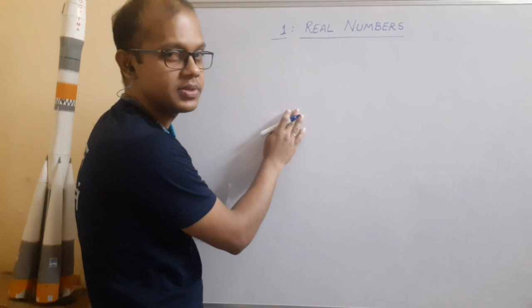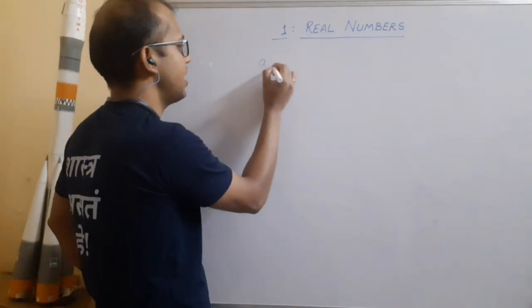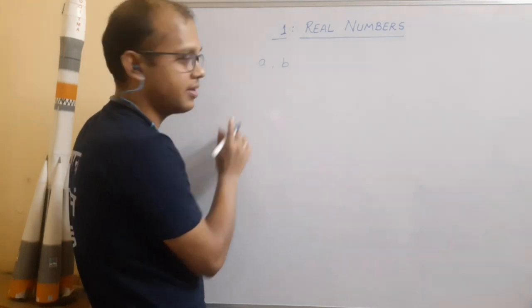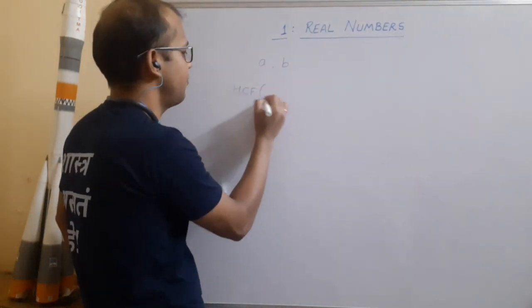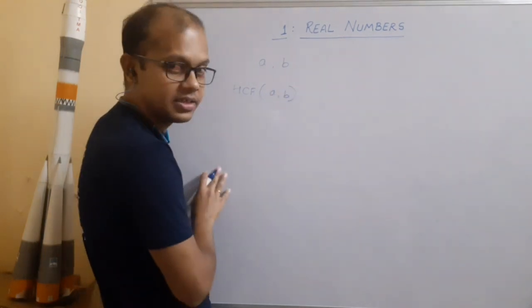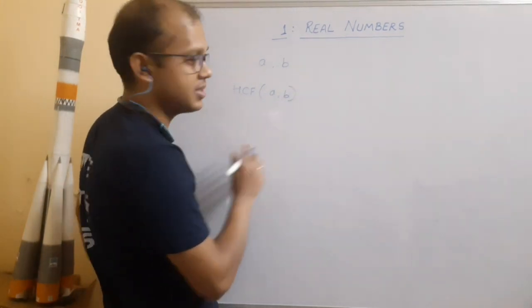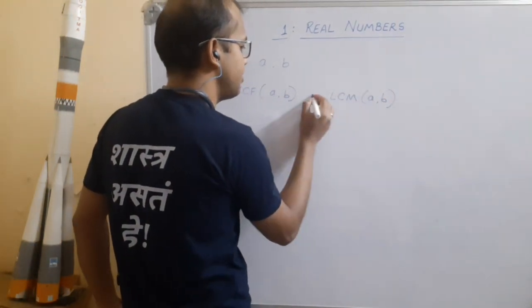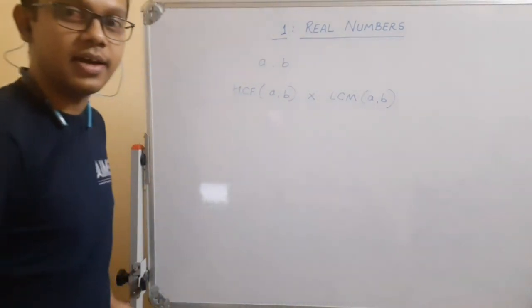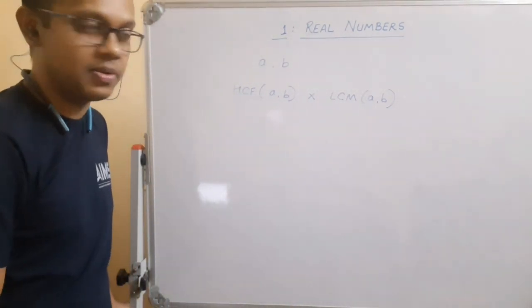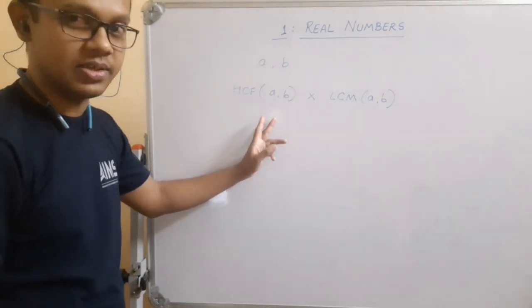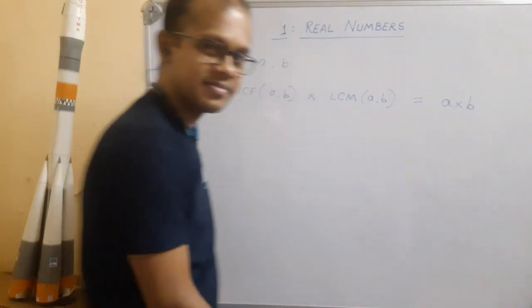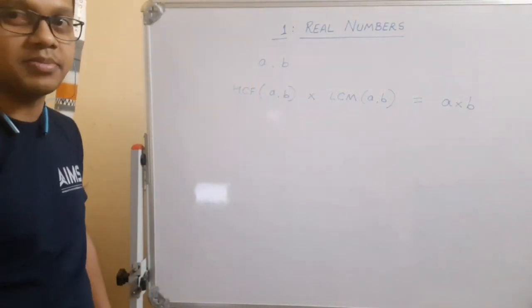Let's say we have two numbers A and B. I will denote their HCF, or highest common factor, as HCF of A and B, and the LCM of these two numbers as LCM of A and B. If I multiply the highest common factor and the lowest common multiple of two numbers with each other, I will get the product of the numbers themselves. Interesting result. Let us see how it works by an example.